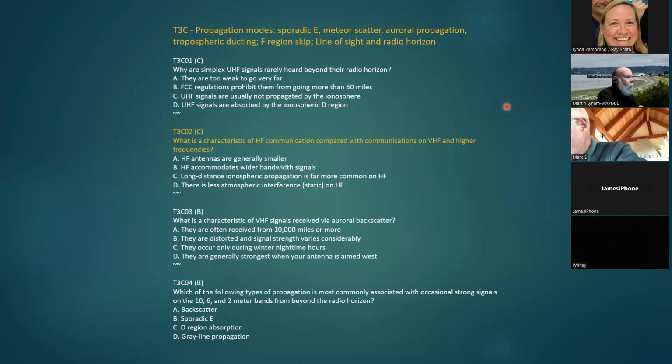C02, what is a characteristic of high frequency communications compared with communications on VHF and higher frequencies?